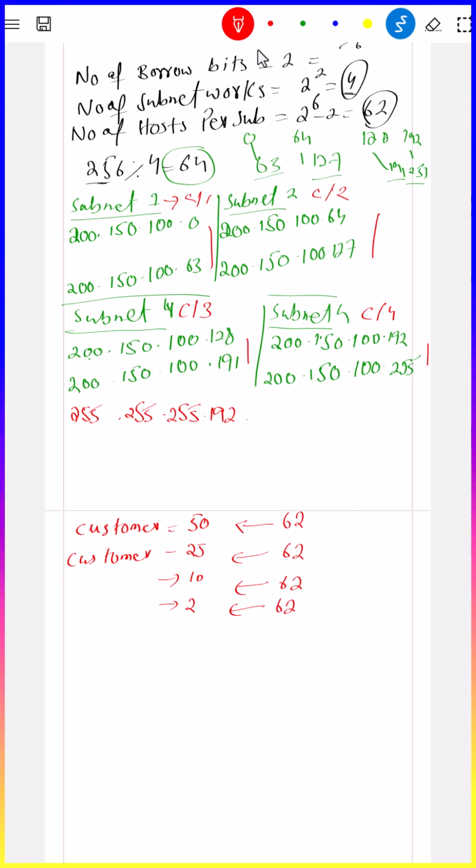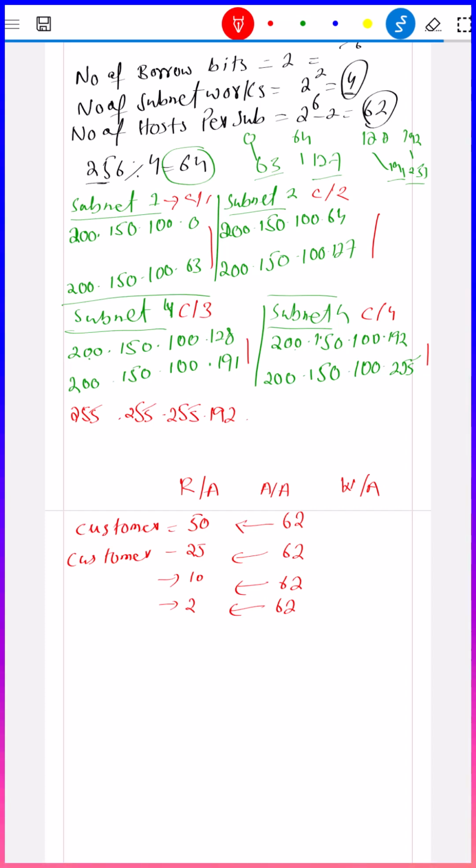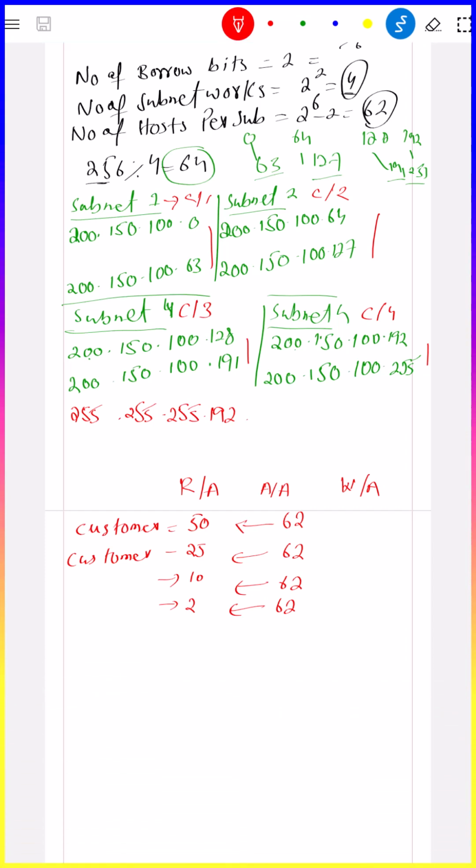And now, so this is the available addresses, this is the required addresses, and here let's find the waste addresses. Okay, so 62 minus 50, so 12, and 62 minus 25, 37, 62 minus 10, 52, 62 minus 2, 60.